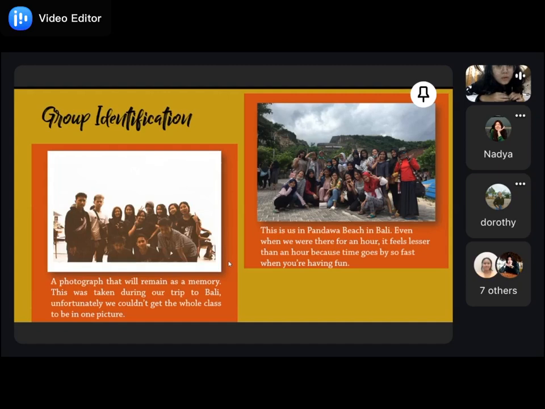Unfortunately, we couldn't get the whole class in one picture. And for the second one, this is us at Pandawa Beach in Bali. Even though we were there for an hour, it feels less than an hour because time goes by so fast when you're having fun. As you can see, there are multiple persons in that picture. And yeah, next one, please.